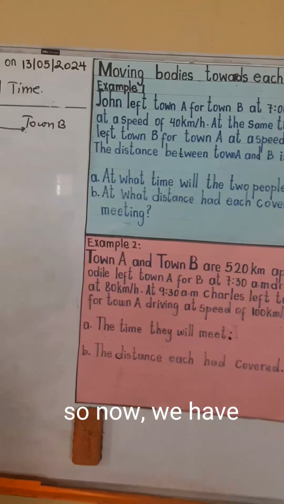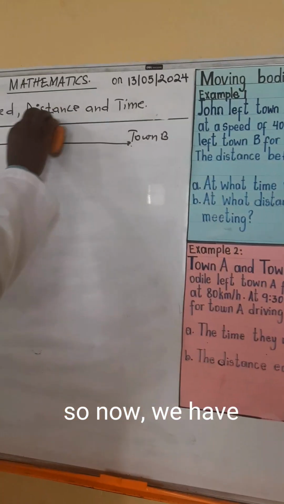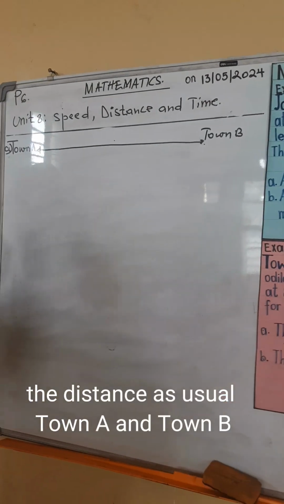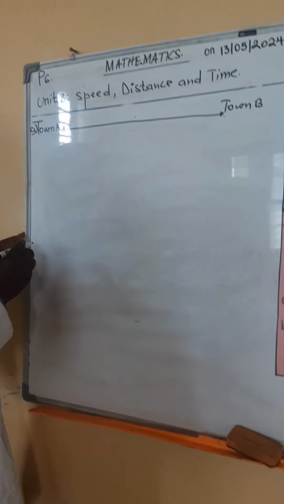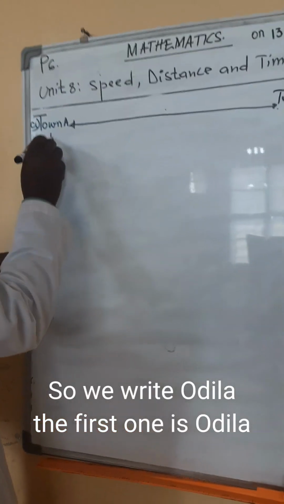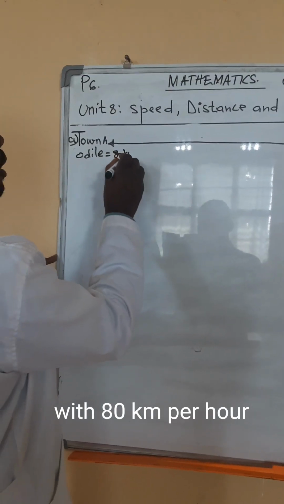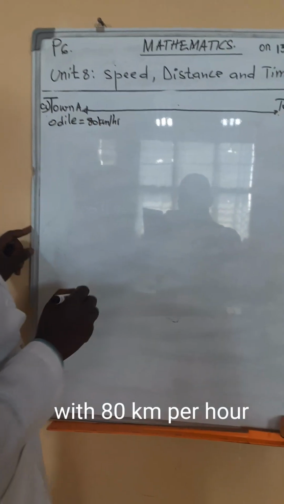So now we have the distance as usual, town A and town B. So write Odila. We have the first one is Odila with 80 kilometer per hour.